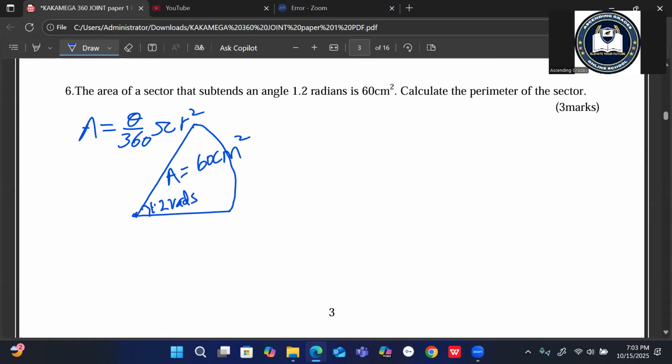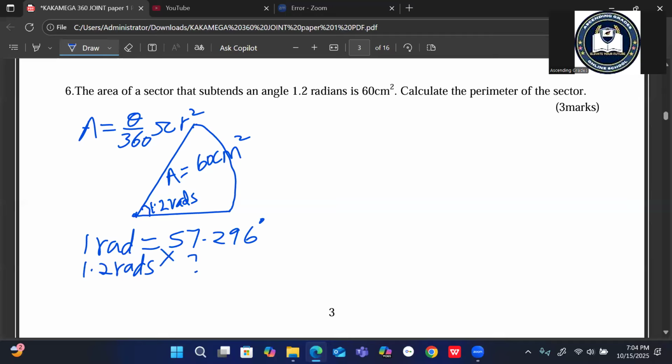So first of all, we convert the 1.2 radians to degrees, and we know very well that 1 radian is 57.296 degrees. So what about 1.2 radians?